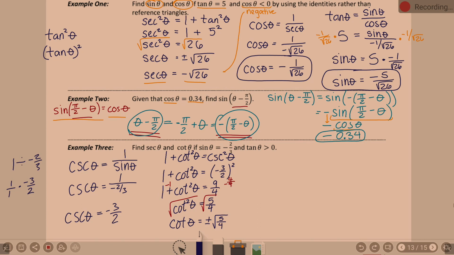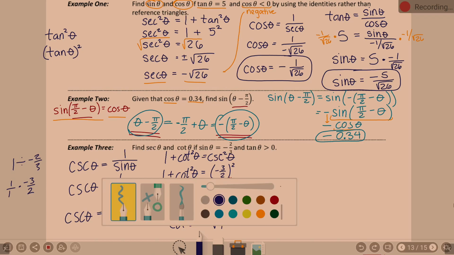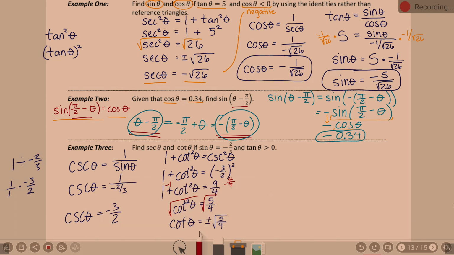Now, why is Aiden saying plus? Because tangent and sine both are negative, so it's positive. All that really matters here, if tangent is positive, what do we know about its reciprocal? It's positive. Okay. So right there, that will carry down.